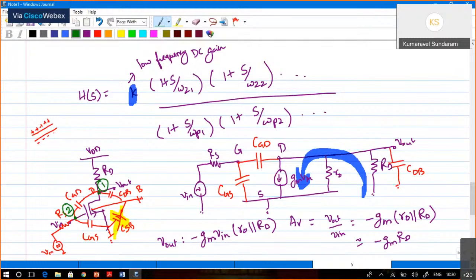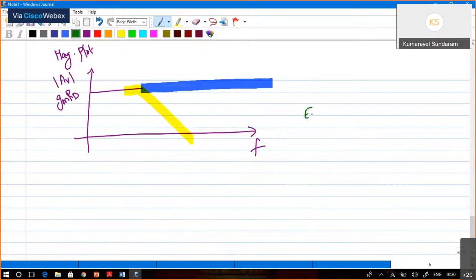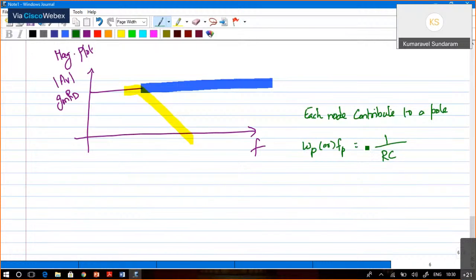So in circuit design, each node contributes a pole. Okay. So the pole frequency is given as omega p or fp, whatever it is. It's going to be 1 by the product of resistance and capacitance seen at that node.